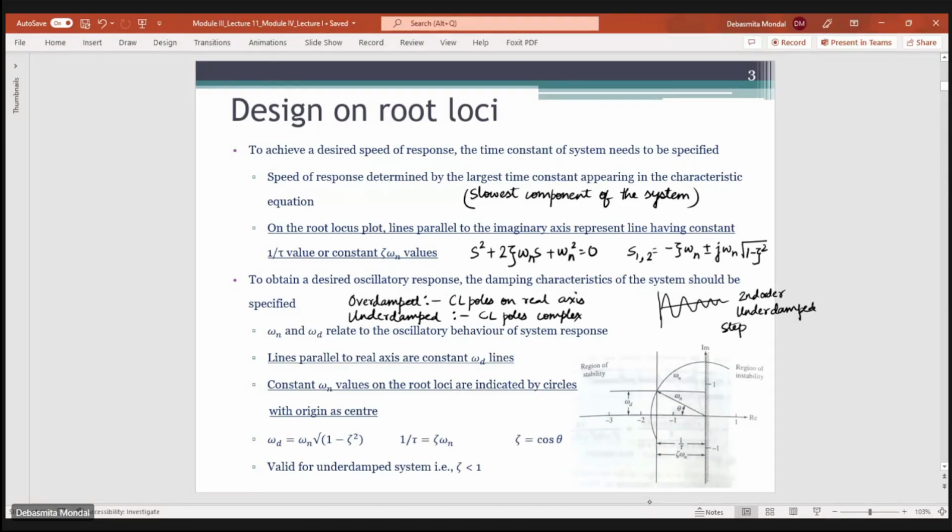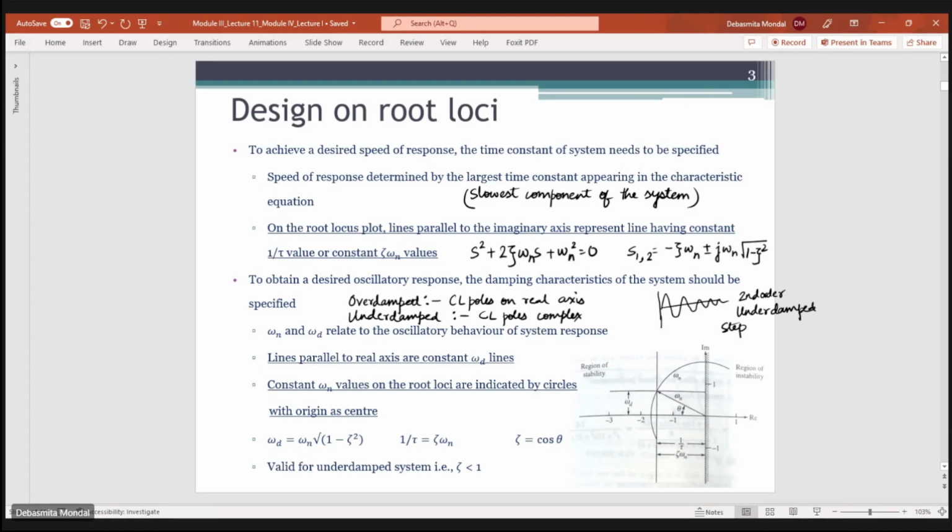So if you are given a system where, let's say, the time constant is specified, or maybe the value of zeta or omega n is specified, or if it is given that you should have an oscillatory response, the moment it is given that you should have an oscillatory response, you can infer that your system will be underdamped. That means the closed loop poles will be a pair of complex conjugate poles.